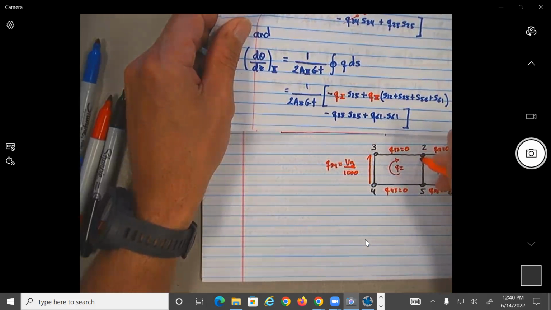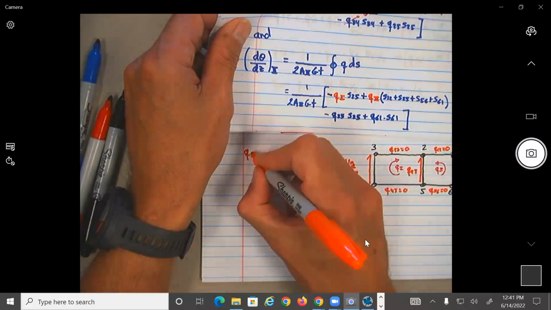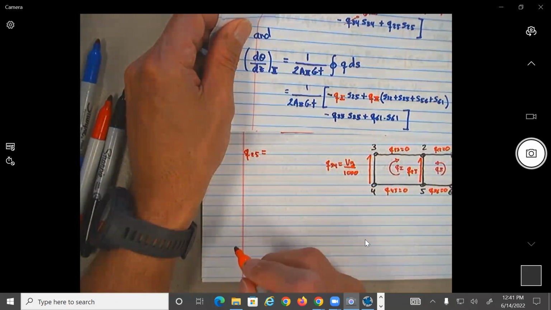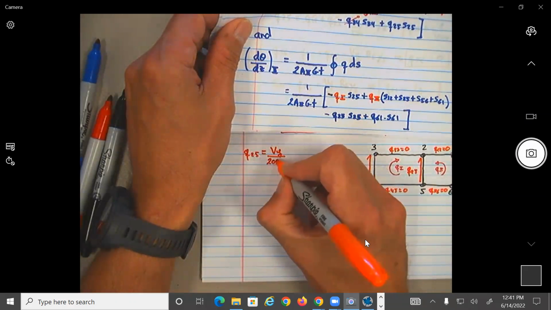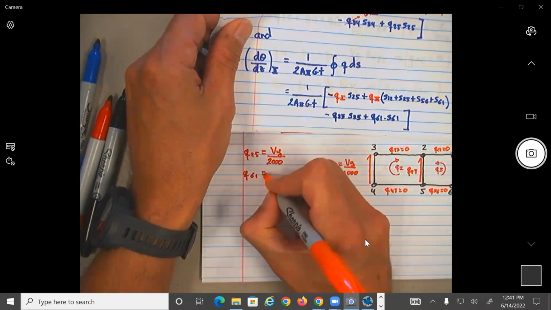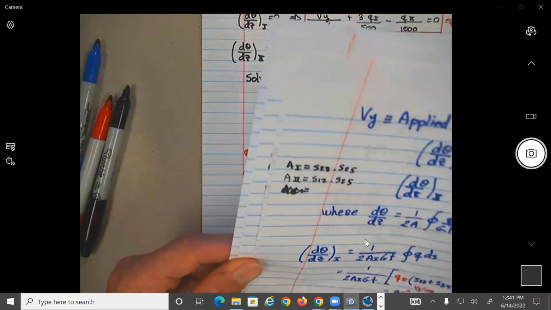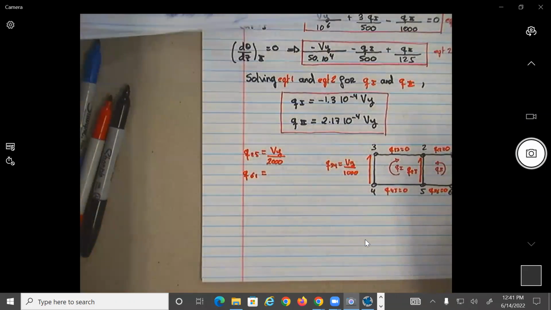Q25 was also going up, and Q56 was also going up. So Q61, sorry. So this is Q25, Q61. When I put Q25, the magnitude is Vy over 2000, and Q61 should be, I think, Vy over 1000. Yeah.